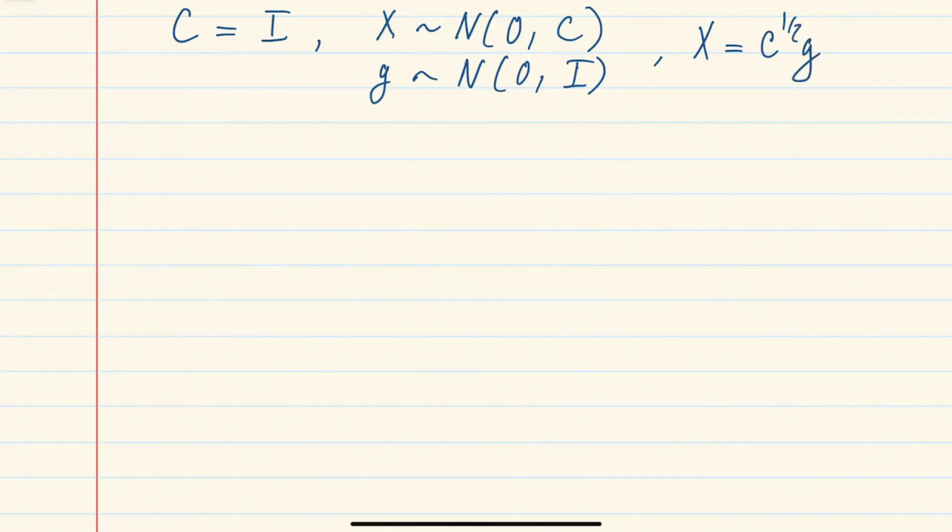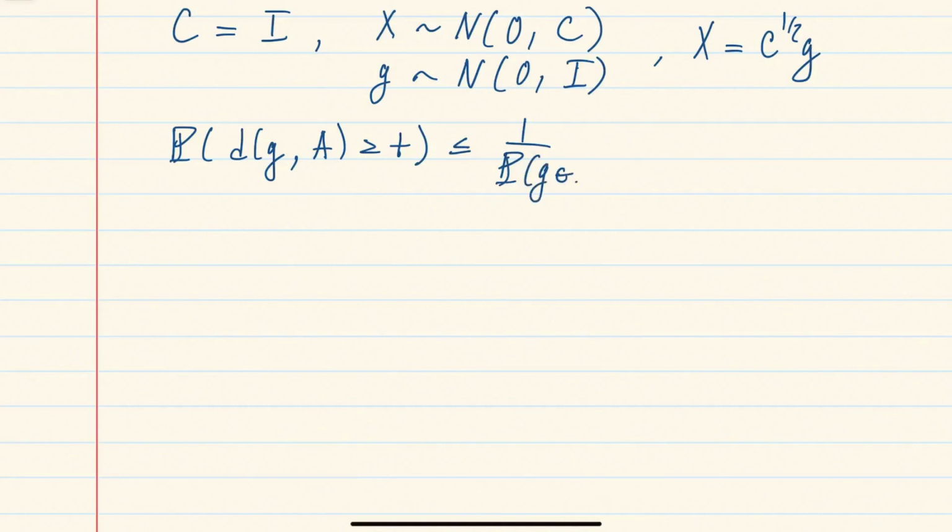And if you prove the above result for the distance for the standard Gaussian random vector from a given set, so in that case it would be probability that standard Gaussian is in this set and e to the minus just t squared over 4. And as I mentioned before, this is not the optimal constant here.